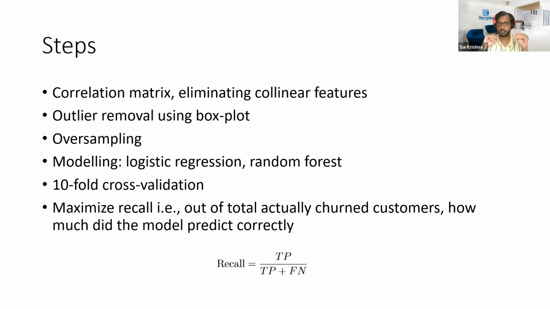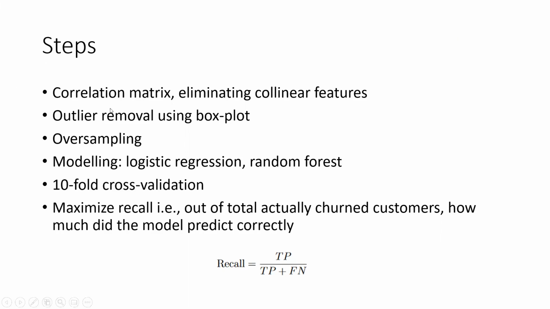Whatever features are collinear, that is, if one independent variable is related to another independent variable, then you should not use both of them. You can only use one. Because if you use both, then the model will say that the accuracy is like 99% or 100%. So you should use only one.